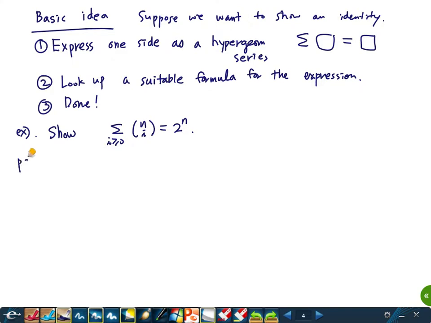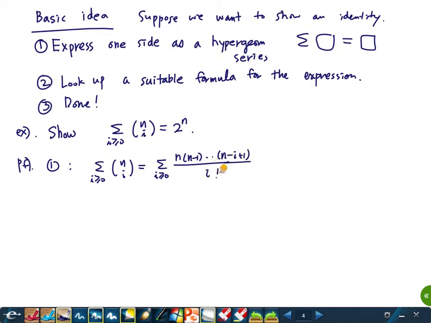Okay, so proof. Step 1: we need to express the left-hand side as a hypergeometric series. So n choose i. Let's write this in a different way. This is n times n minus 1 dot dot dot n minus i plus 1 over i factorial.